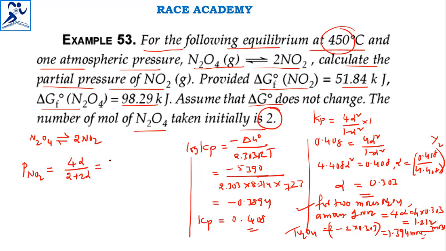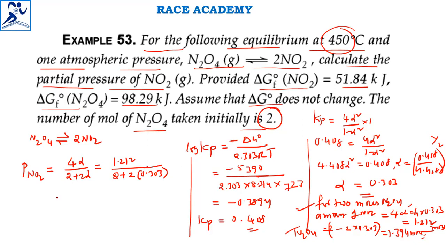The 4 alpha value we have got already, that is 1.212, divided by 2 plus 2 alpha, where alpha is 0.303.